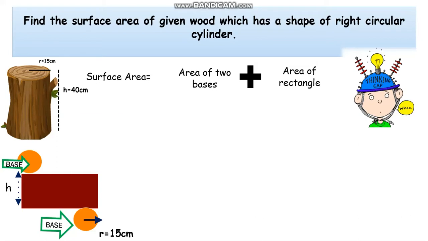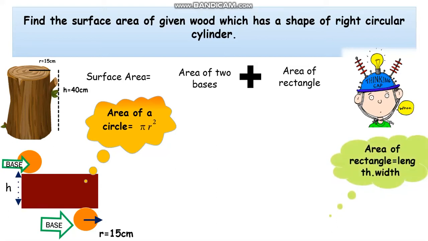We know that the area of a circle equals pi times r squared, and the area of a rectangle can be found as length times width. If we write it like that, the area of two bases will equal 2 times pi times r squared plus the area of the rectangle. Length.